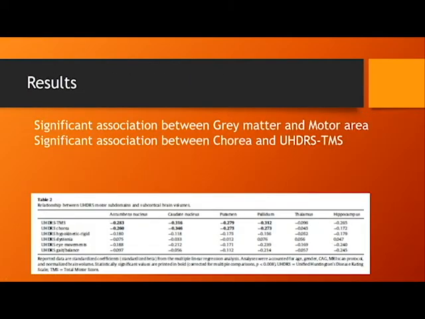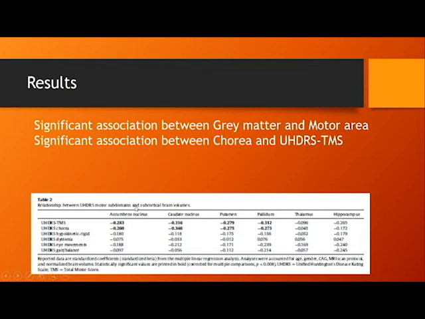Like it was said before, the volumes in the accumbens, caudate, putamen, pallidum, thalamus, and hippocampus were significantly lower in patients with HD. Since the mean volumes of the amygdala did not differ between HD patients and the control group, the structures were not investigated any further. Also, TMS and chorea were closely associated, as you can see in this table right here.